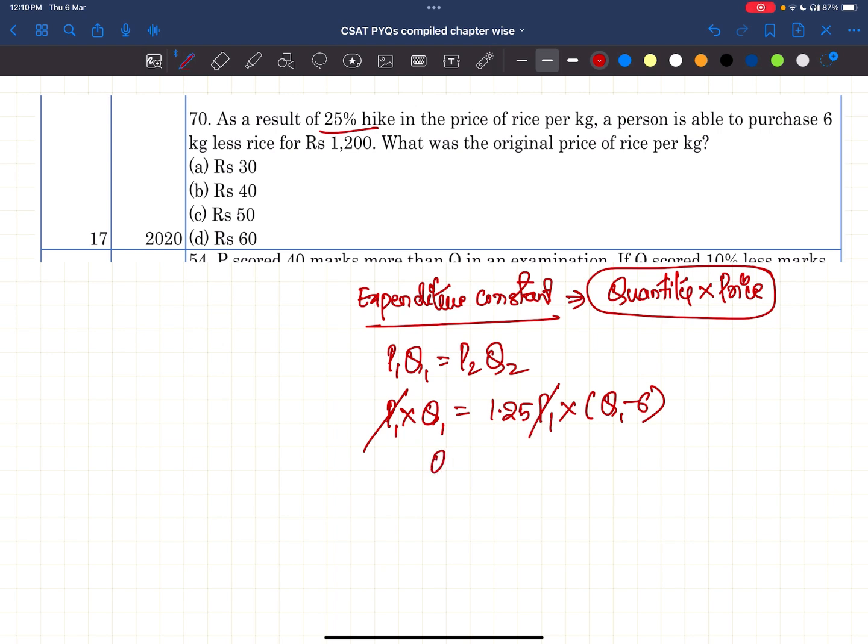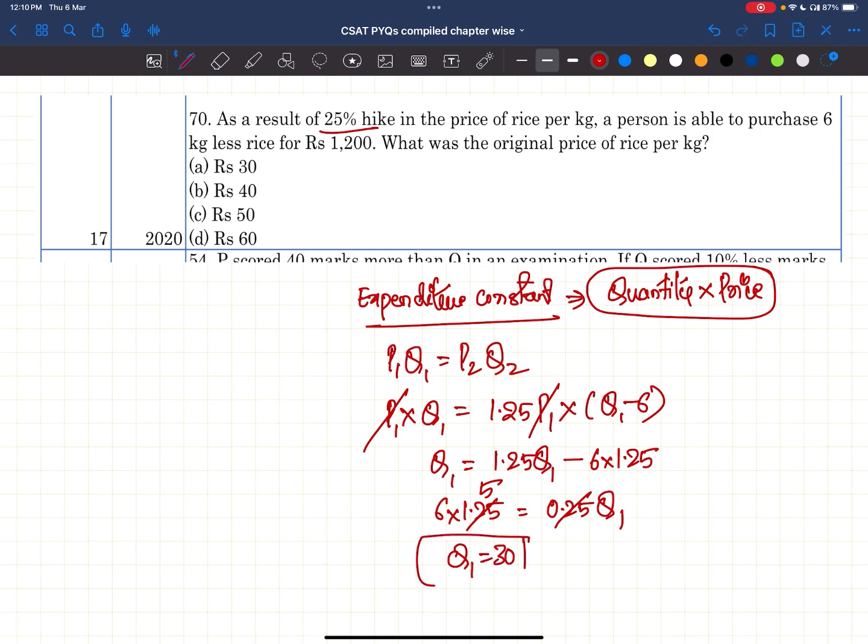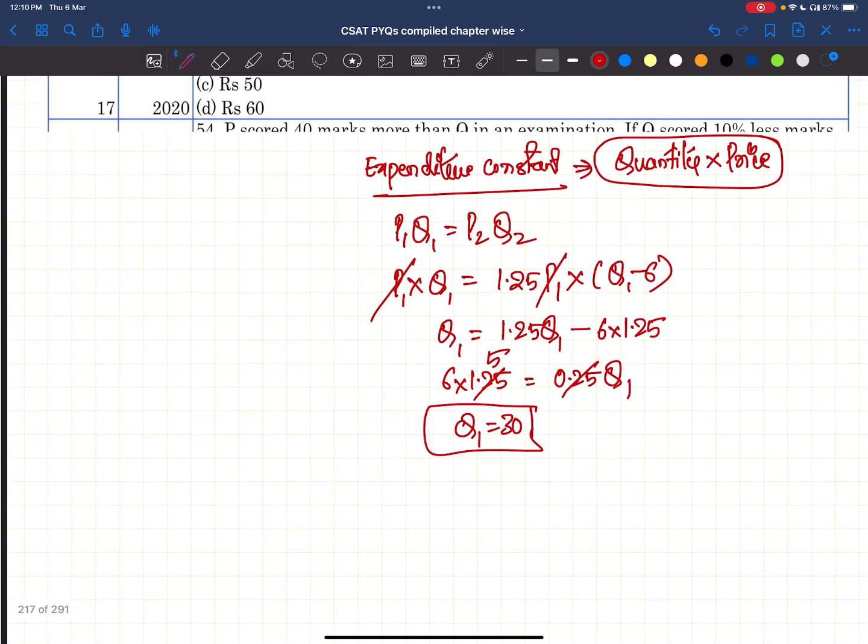Q1 equals 1.25 into Q1 minus 6. We'll get 6 into 1.25 equals 0.25 Q1. This is 5 times. So Q1 is 30 kg.